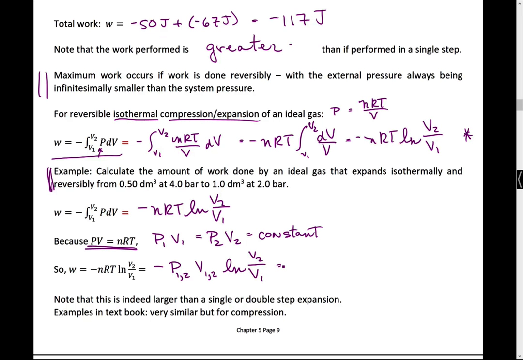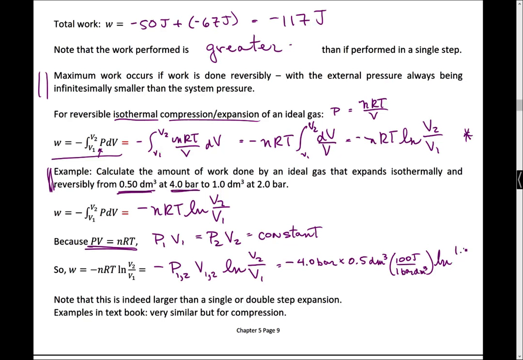And for this particular example, I'll go ahead and plug in values. So it's going to be minus, we'll choose P1. So we're 0.5 decimeter cubed at 4 bar. So this will be 4 bar times 0.5 decimeters cubed, right? I'm going to go ahead and do the unit conversion. So 100 joules is the same as 1 bar decimeter cubed. And then I have to take the natural log of the final volume over the initial volume.